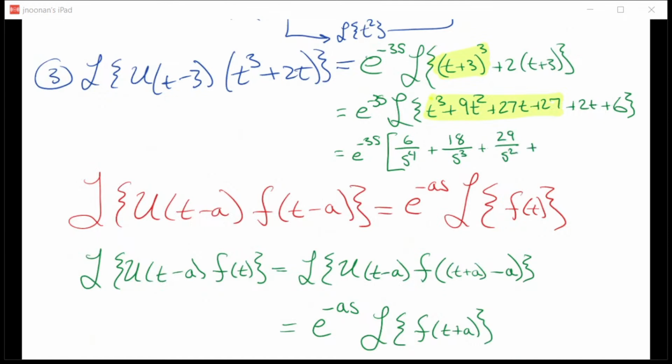And then 27 plus this 6 makes 33. So that's just going to be 33 over s. So let's box this thing up. And that's it, for what it's worth.